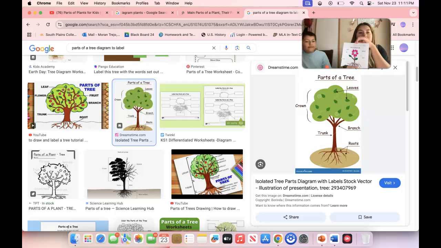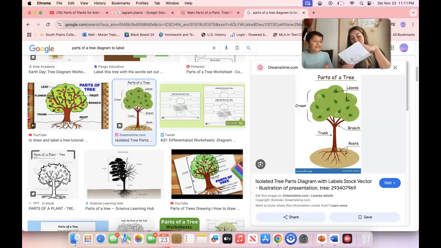What's next? The leaf helps get air, the sun to make food for the plant. Okay. And then what else? The seeds. Think of this.